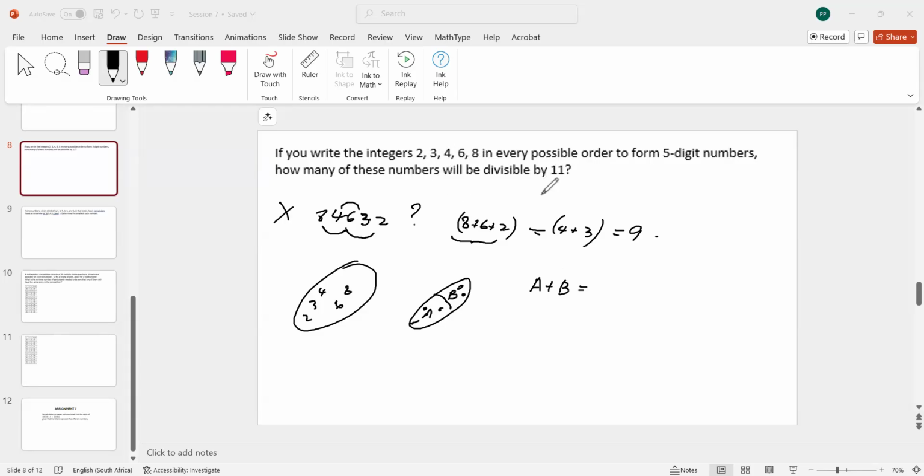That's 2 plus 3 plus 4, you get 23. But also we need to know that A minus B is either 0 or 11 or 22. So it must be a multiple of 11, the difference between these two things.